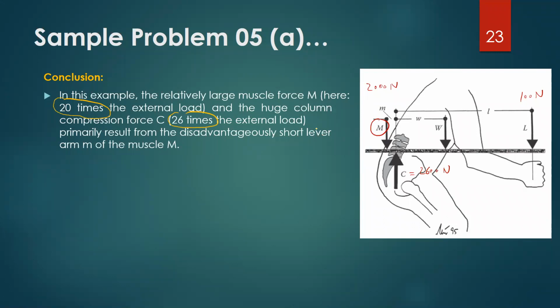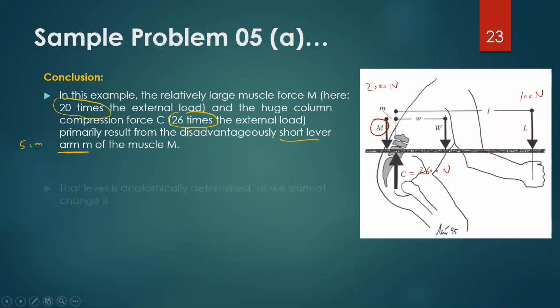So what's happening? The basic reason for these two very high forces is the small lever arm of this muscle force M. That was 5 centimeters. So of course, the smaller the lever arm, the greater the force, and vice versa, in order to keep the system in balance.